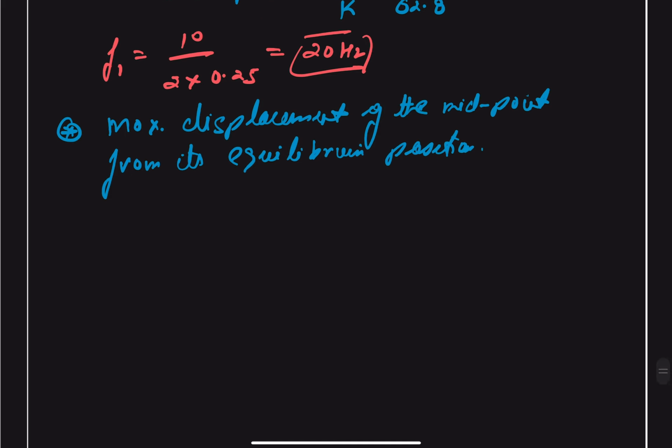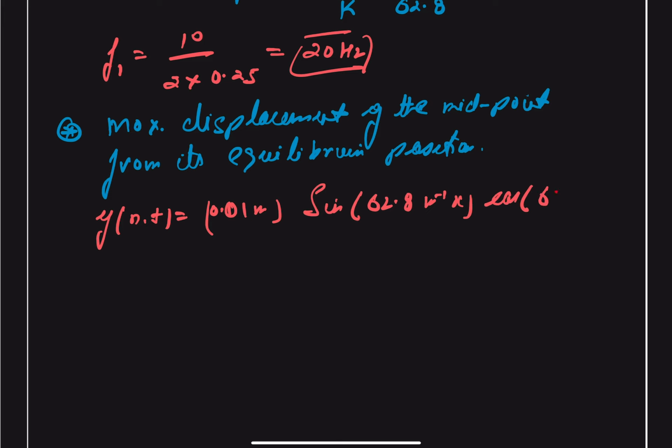So we are given the equation, let me write it again, that y of x comma t is equal to 0.01 meter, and here we have sine of 62.8 per meter x, cos of 6 to 8 per second multiplied by t.